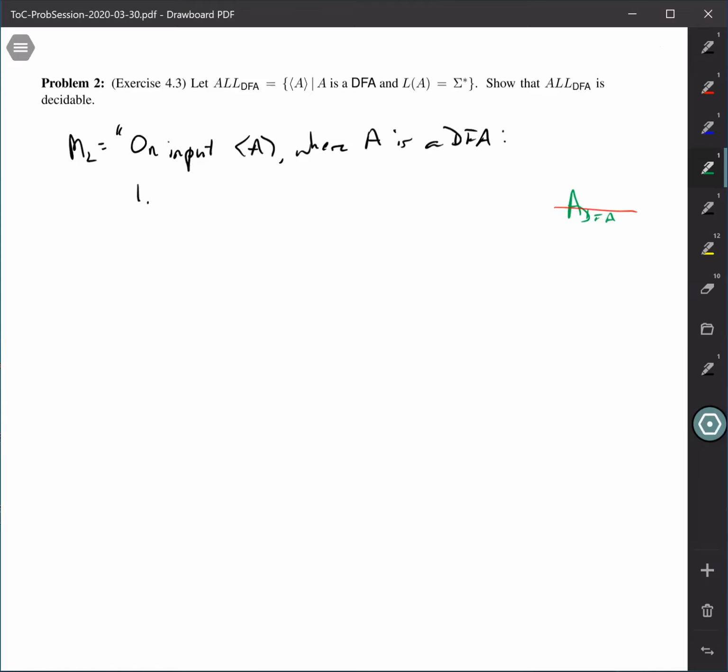What did we have? We had A sub regex, something like that, that was about a string and a regular expression. The first one that we had that seems like it dealt with a language as a whole is E sub DFA. E sub DFA asks whether the language accepted by an input DFA is empty.